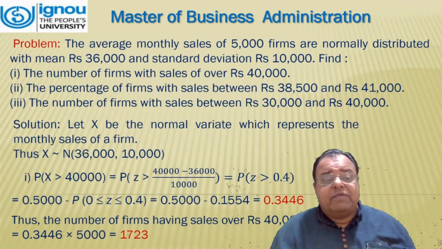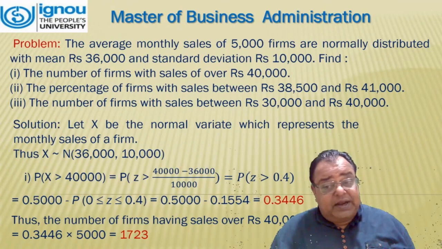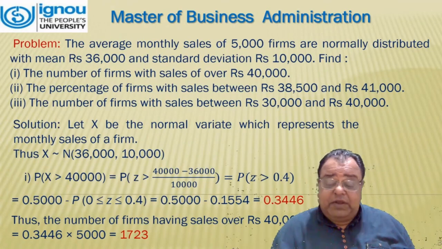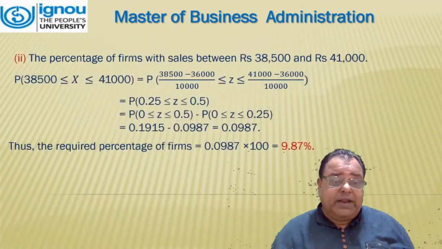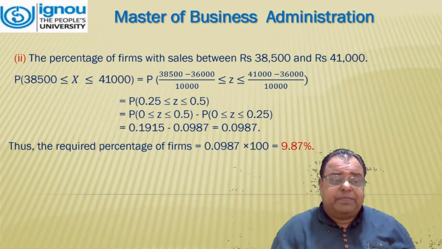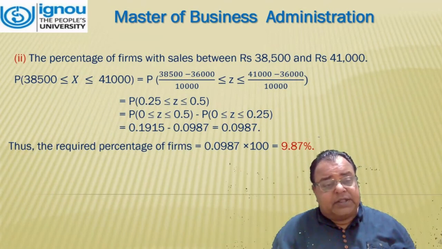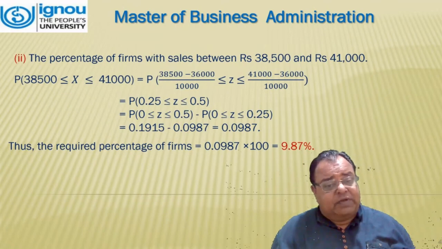Now, we have to calculate the percentage of firms with sales between 38,500 and 41,000. Now, what will be the method for writing it? It will be written as P within brackets 38,500 less than or equal to X less than or equal to 41,000.